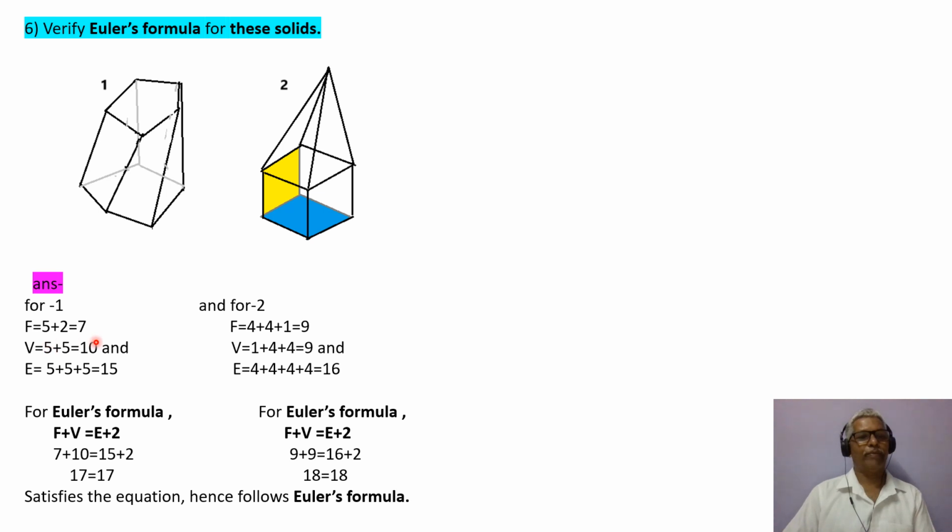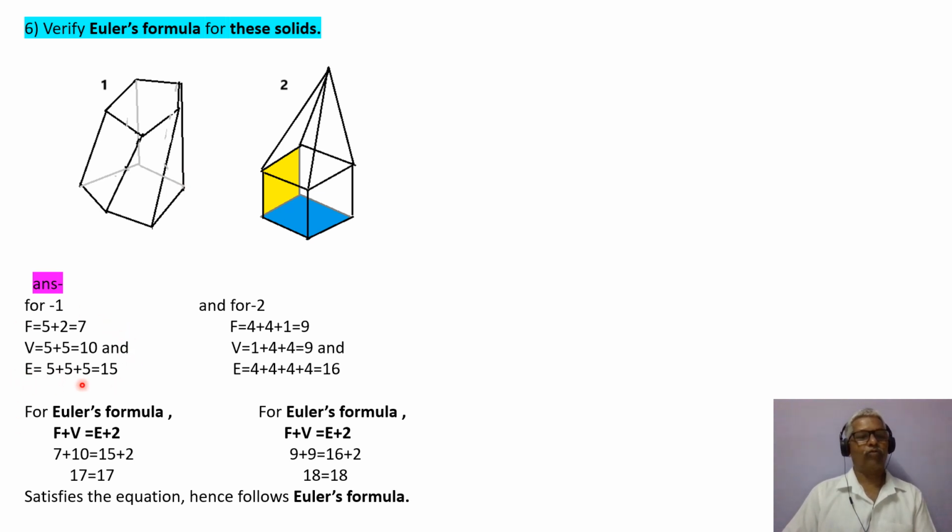So 5 plus 2 is 7. V, there are 5 on top and 5 at the bottom. So 5 plus 5 is 10. And E stands for edges. There are 5 at top, 5 at bottom, and 5 on sides. So 5 plus 5 plus 5 equal to 15.